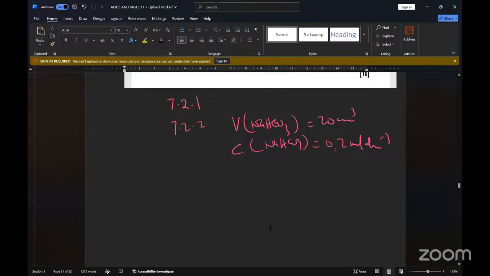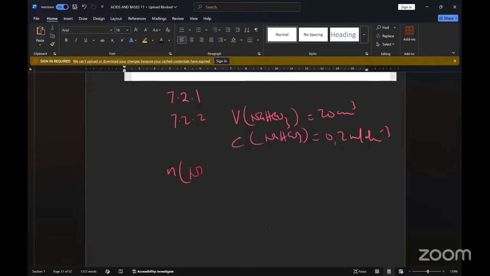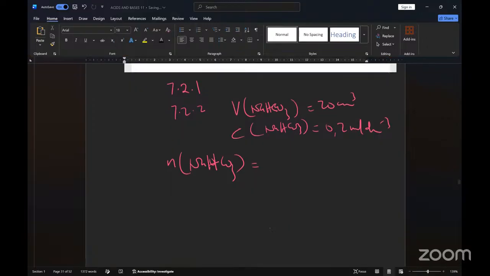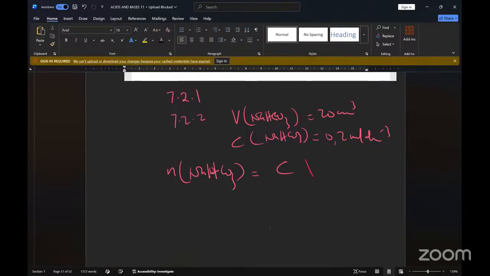So the number of moles of sodium hydrogen carbonate is equal to concentration times volume, CV. I wanted to say C is equal to N over V, and therefore N is equal to CV, but we have done it previously, so you should know how I got this.